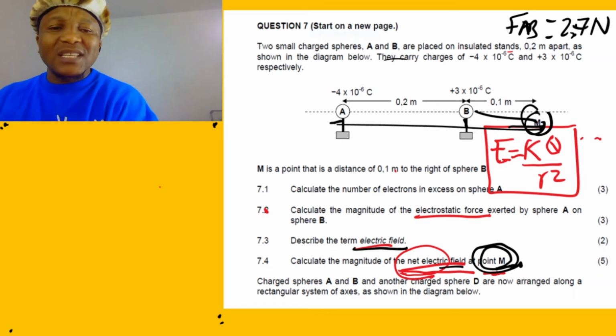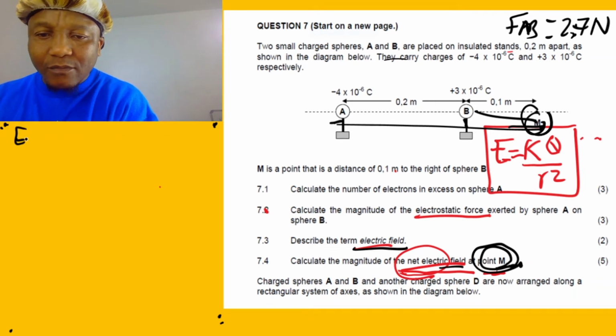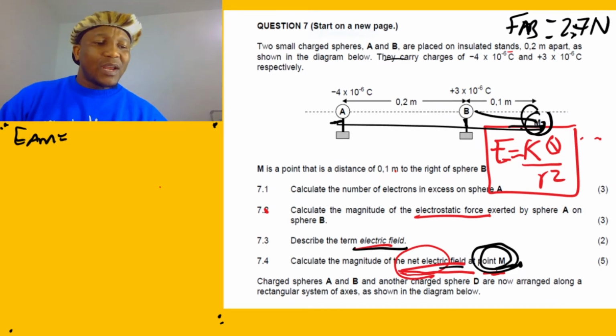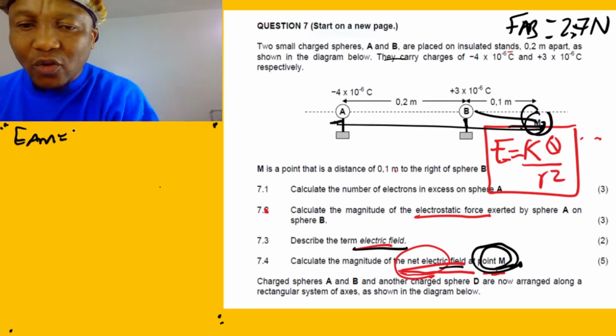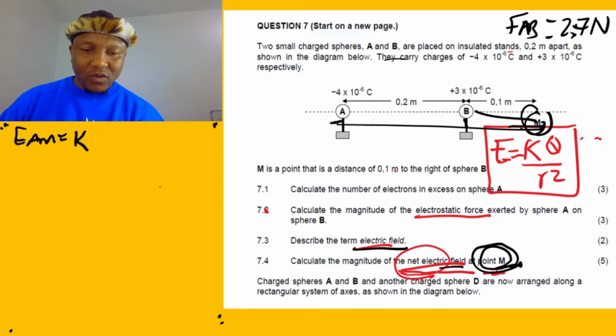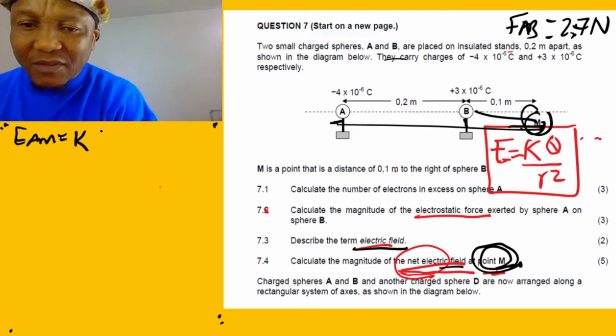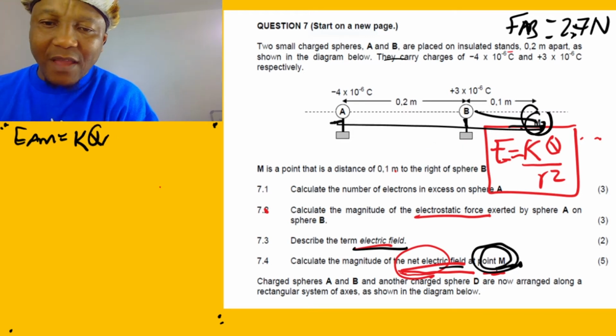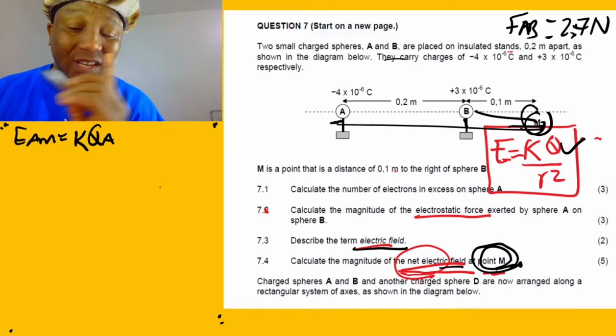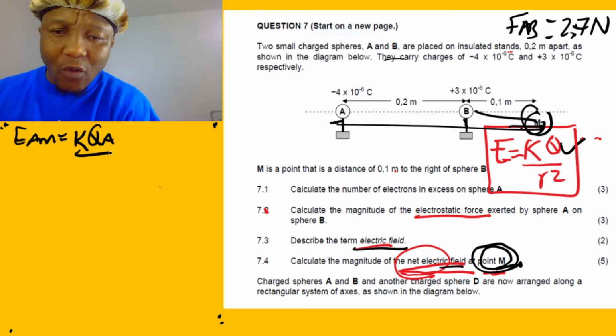So let's get the electric field of AM first. The electric field of AM is going to be equal to constant K times the charge of A, because for electric field you only take one charge, over the distance between them.